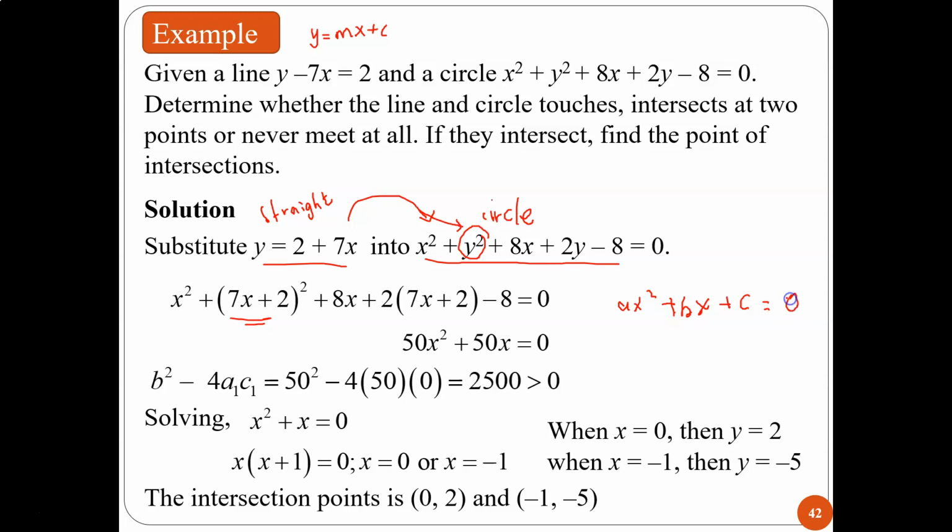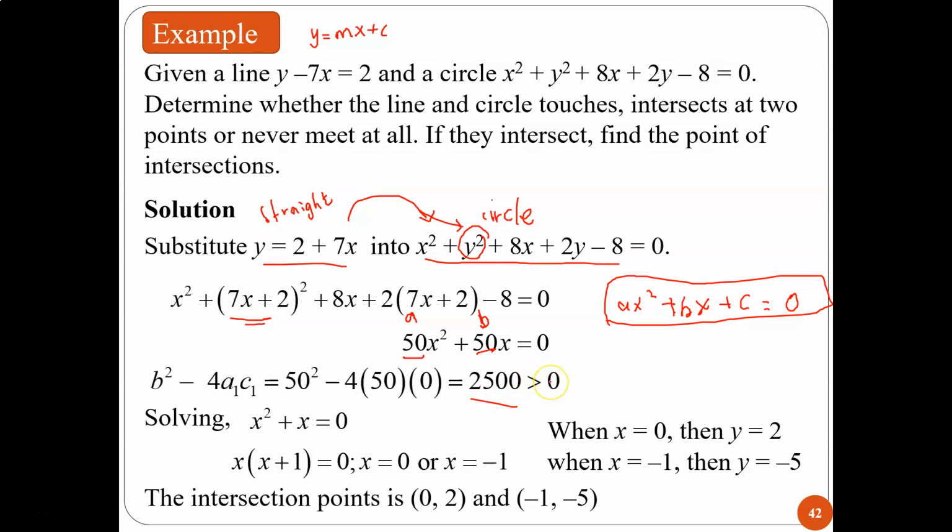If you forgot, then you need to check back your chapter 2. So a is 5, your b is 50, your c equals 0. So you're going to substitute into b squared minus 4ac. Your b is 50, your a is 5, your c equals 0. You get 2,500, which is greater than 0.